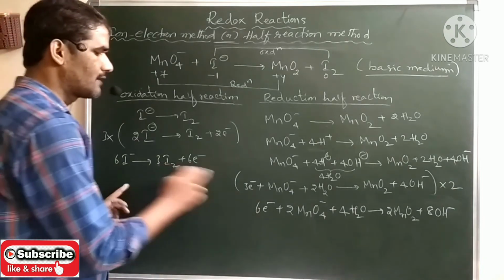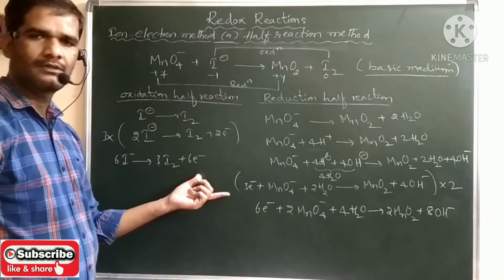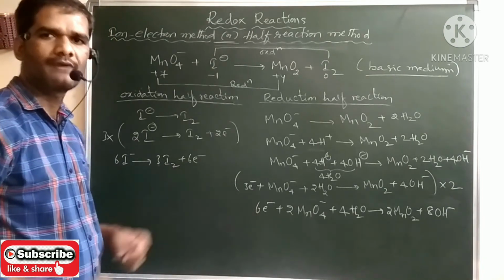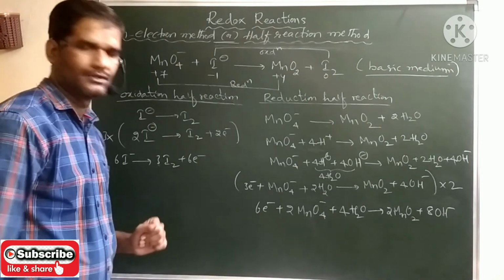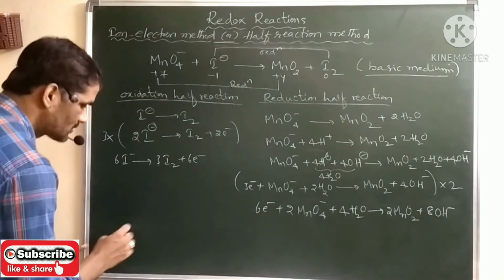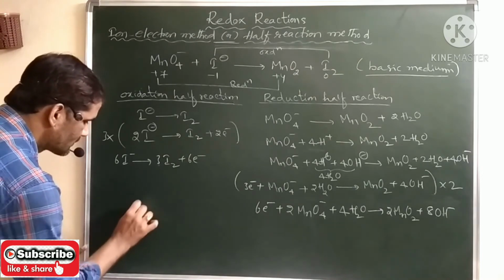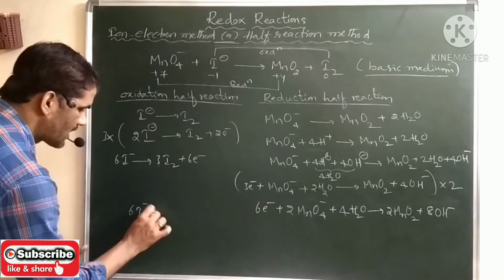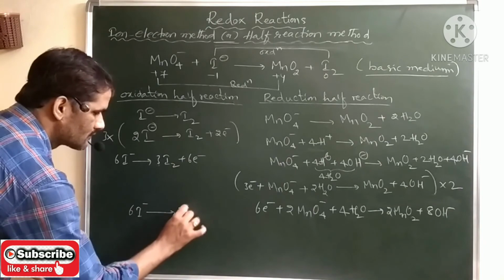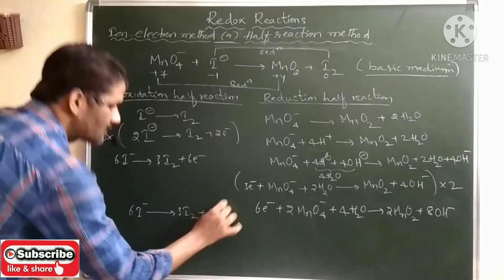So after making the number of electrons equal in both half reactions, we have to add them. Now if we add both the reactions, what do we get? This is the oxidation half reaction: 6I minus is giving 3I2 plus 6 electrons.